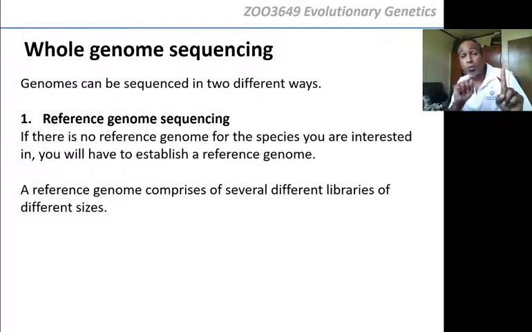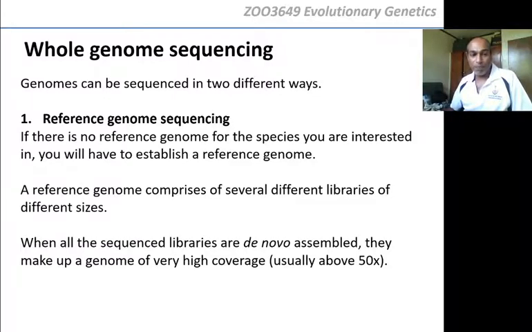And you need all three sizes of DNA fragments to be able to assemble a whole genome from scratch, de novo, okay? So that's the problem, okay? And so when you sequence all of these libraries, you make it de novo, okay? You make it from scratch. De novo means new, from scratch, from nothing.